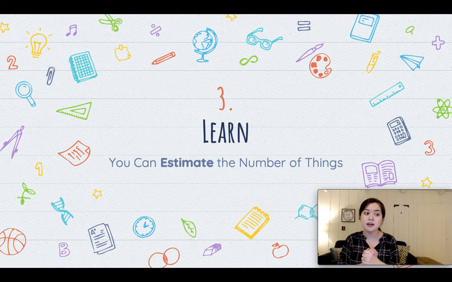Estimate means to carefully think about what could be an educated guess. You use hints and clues to take a guess that is actually very close to the actual answer. And we're going to practice this.